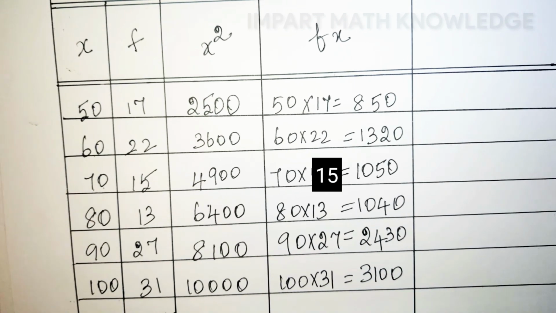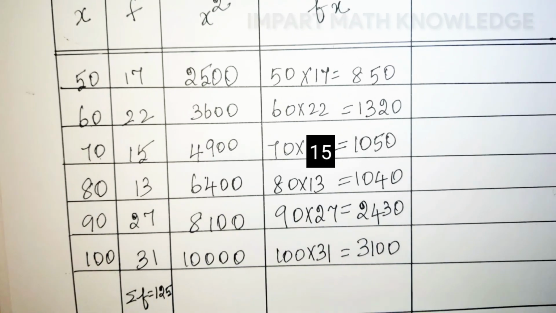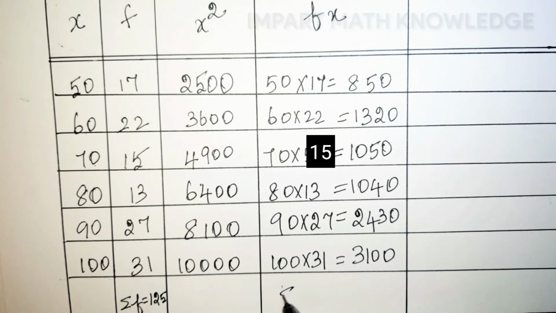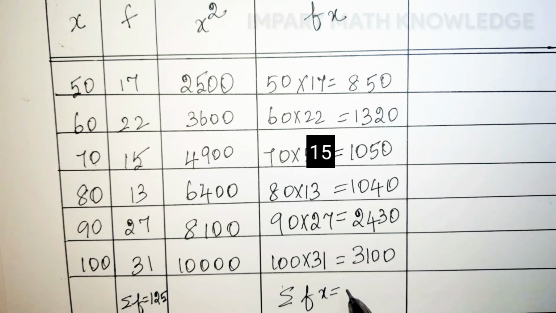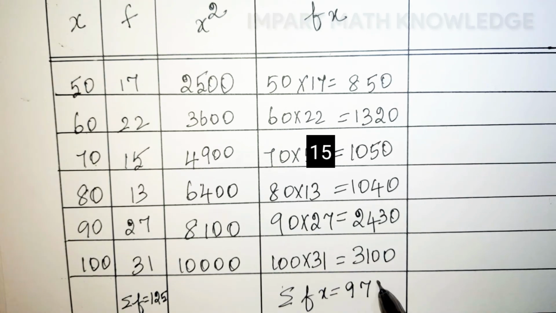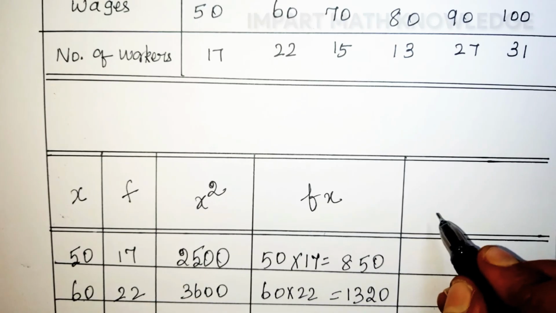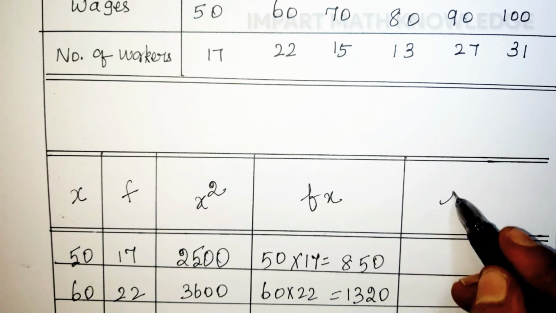After multiplying frequency with x, you take the total. Summation fx is equal to 9790. Multiply frequency with x square.